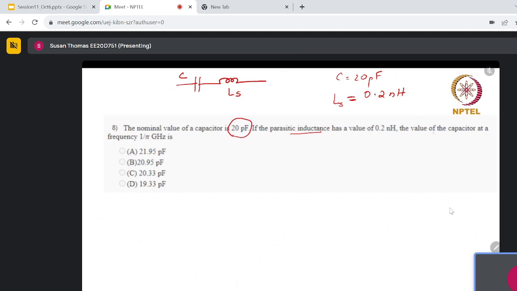The question is, what is the value of the capacitor at a particular frequency, 1 by pi gigahertz? You know that based on the frequency, the value of capacitance will change. So at this frequency, 1 by pi gigahertz, omega is 2 pi into 1 by pi, which is 2 into 10 power 9.